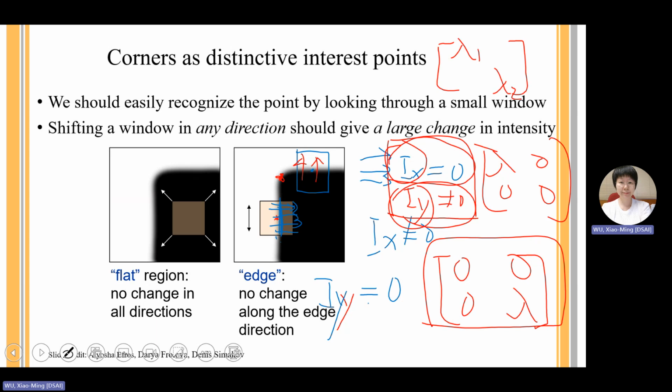But what about the off-diagonal terms? Is it also 0?